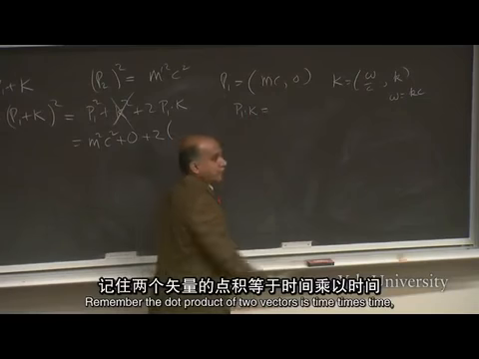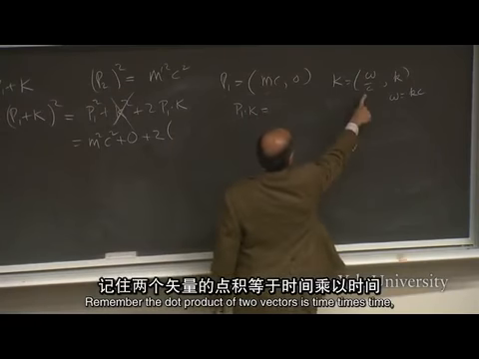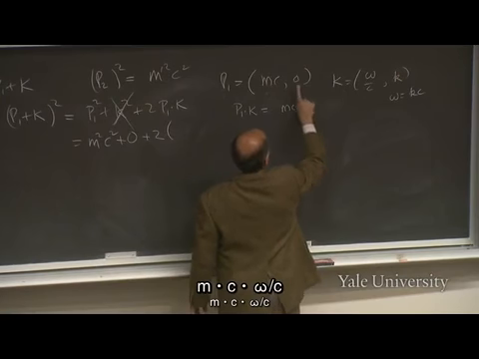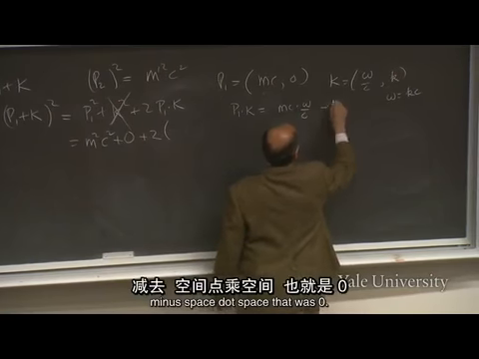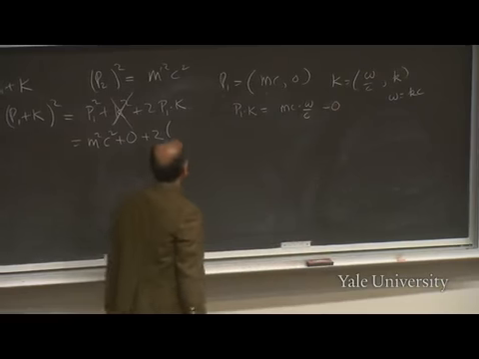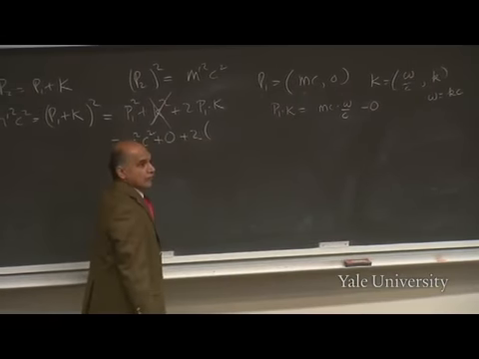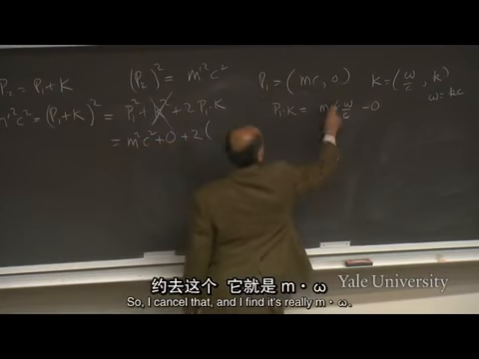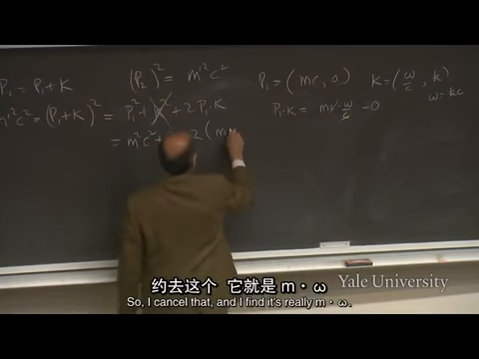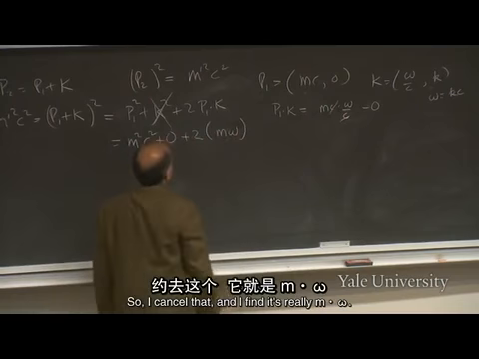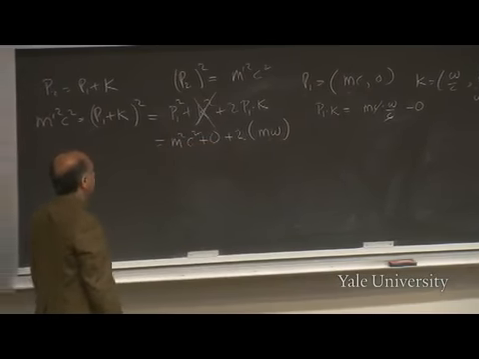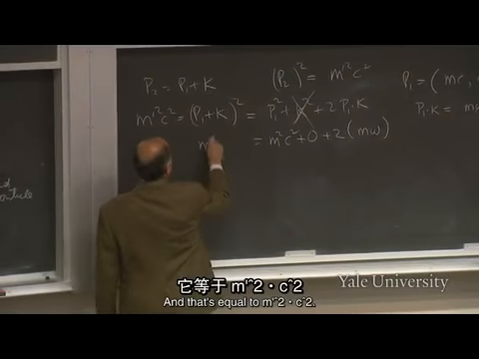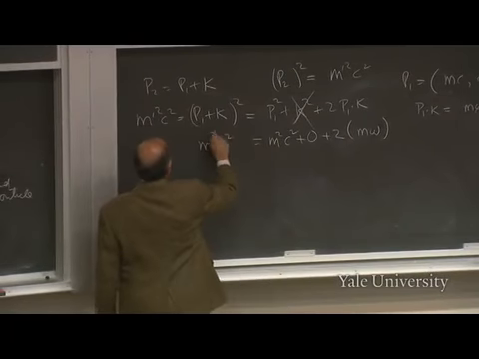Remember, the dot product of two vectors is time times time, mc times omega over c, minus space dot space, which was 0. So I cancel that, and I find it's really m omega. And that is equal to m prime c squared.